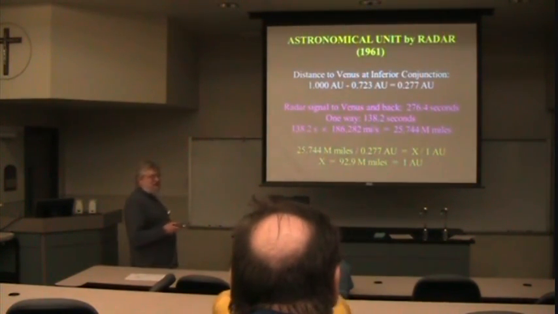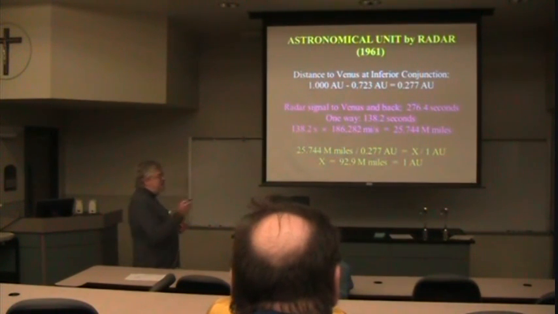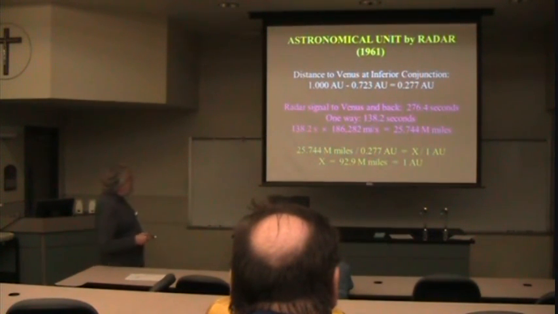But we still used Venus, so Venus still got to play a part in it, and this was done in 1961 with radar experiments. If you bounce a radar beam off of Venus, it will come back in 276.4 seconds, so one way is 138.2 seconds.